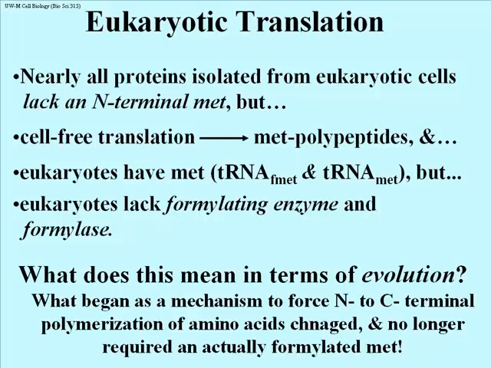That's the speculation to explain why in eukaryotes selection led to the elimination of the formylating enzyme and the deformylase. But again, eukaryotes still have the specific initiator tRNA sub F-met, and the methionine is always the first amino acid in a polypeptide chain. That's kind of a relic of evolution, if you will.